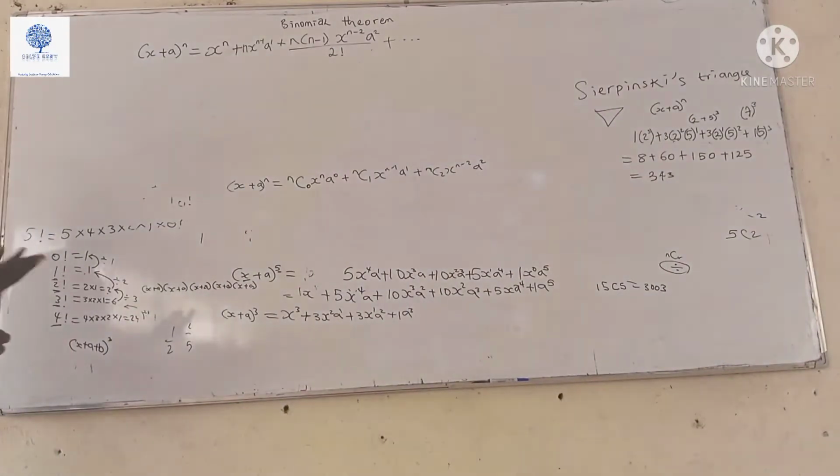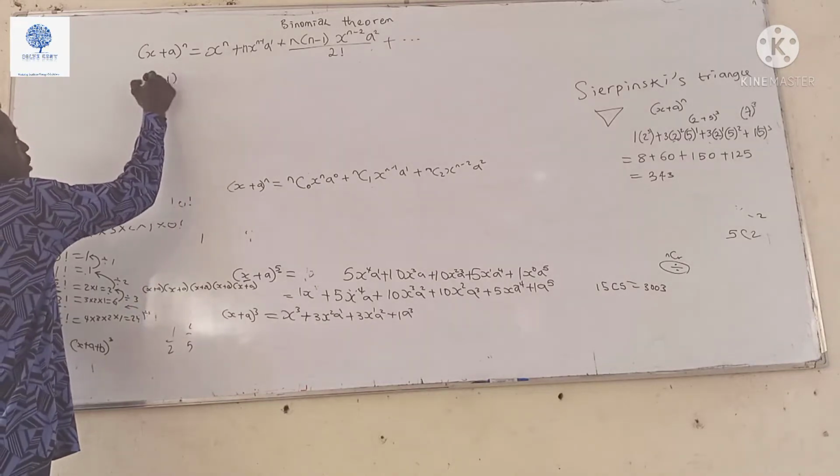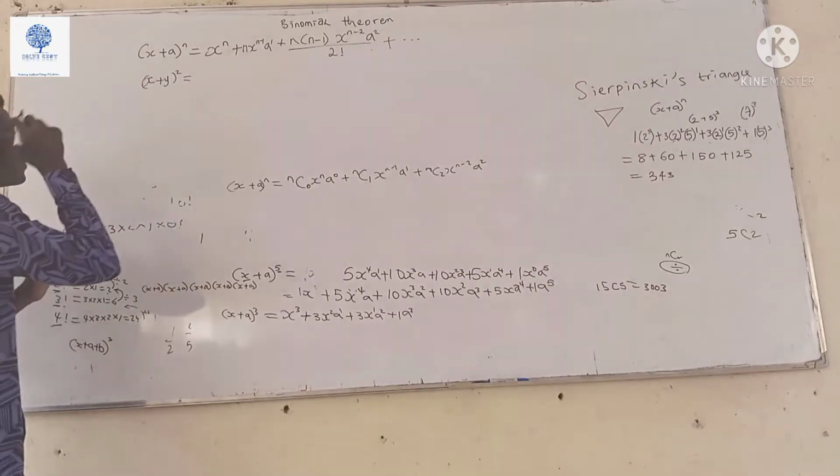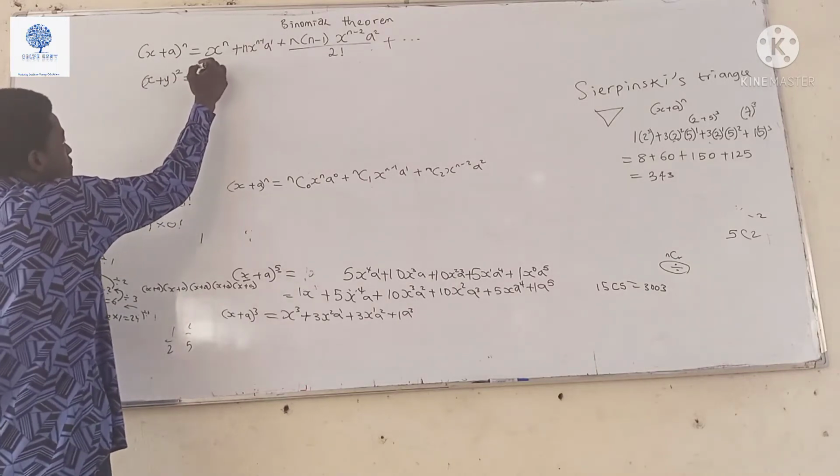Now to find, let's say, x plus y to the power of 2. Okay, let's do 2 first before we go to fraction.